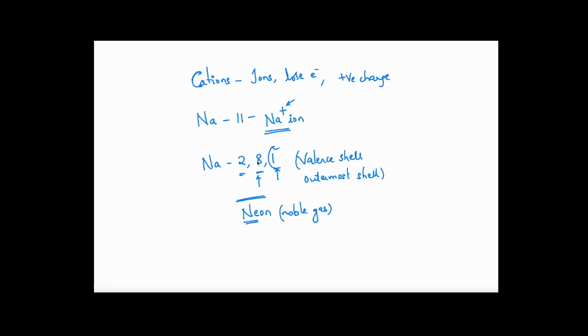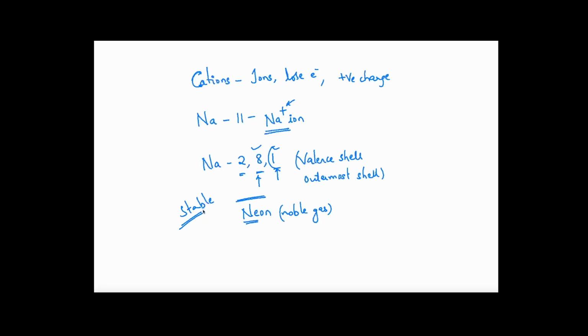Okay, so sodium has a total of 11 electrons, with the last electron being in the outermost shell. Now sodium can easily give away this electron, because if it loses that electron, then the second shell will become its valence shell, and its valence shell will be completely filled with electrons. So any atom that has its outermost shell or valence shell completely filled with electrons will be stable.